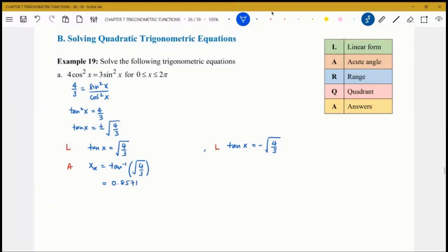Saya letak 4 significant figure. Okay. So the range adalah daripada 0 to 2 pi. So kita tak ada perubahan sebab di sini adalah single x. Okay, so no need to change your range.